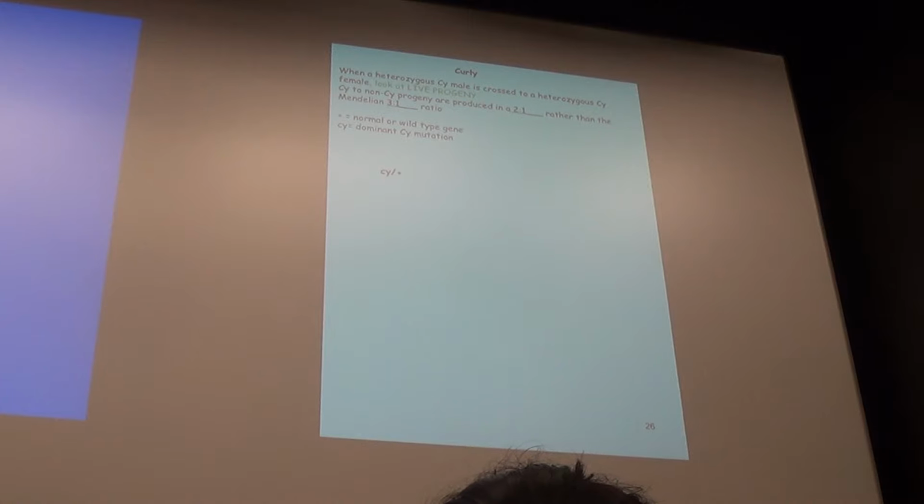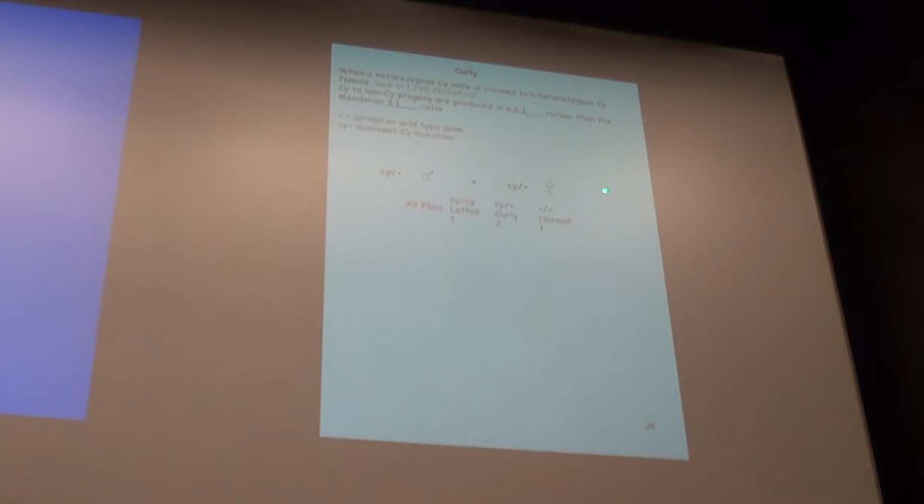Okay. So here is your heterozygous curly fly, male, crossed with heterozygous curly female. What you get are little Cy Cy, Cy plus, plus plus.